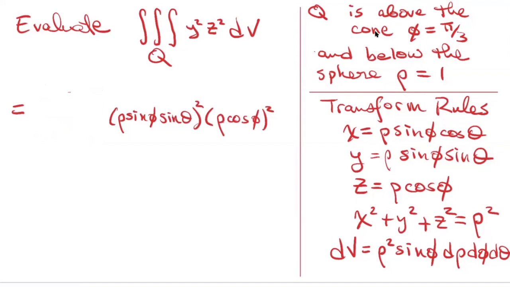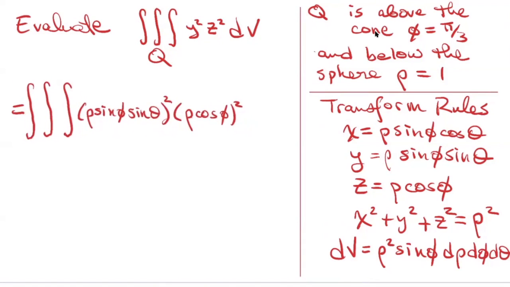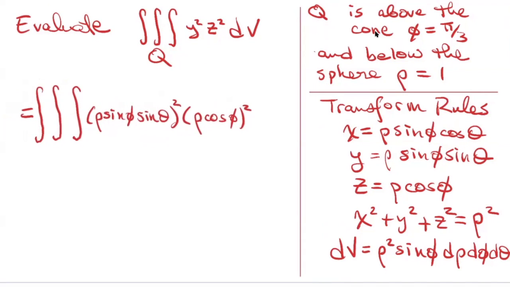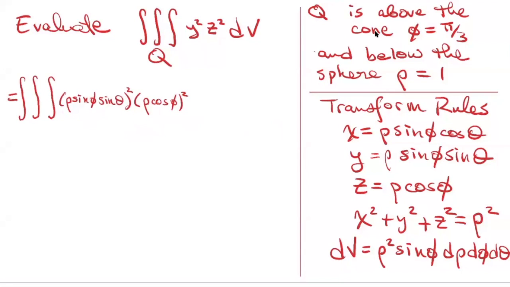I'm going to do a little clean up work because I need more space. Don't forget the dV gets a rho squared sine phi d rho, d phi, and d theta.